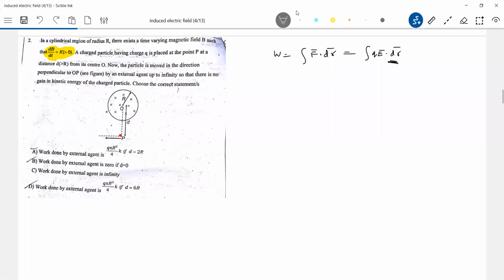What are other options? Work done equal to charge times potential difference. So can we calculate the potential difference from point P to infinity? So what is that path? How to calculate the potential difference between these points?